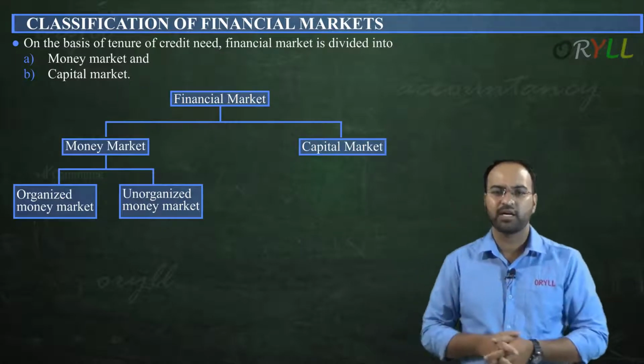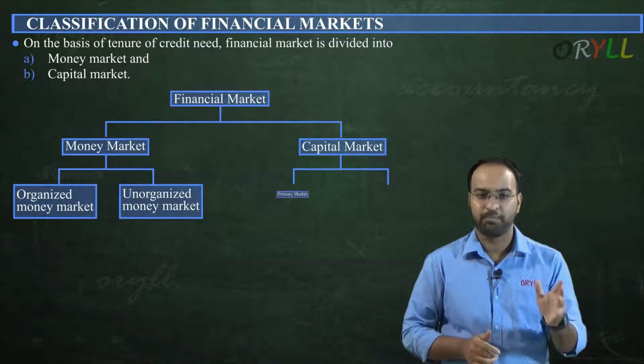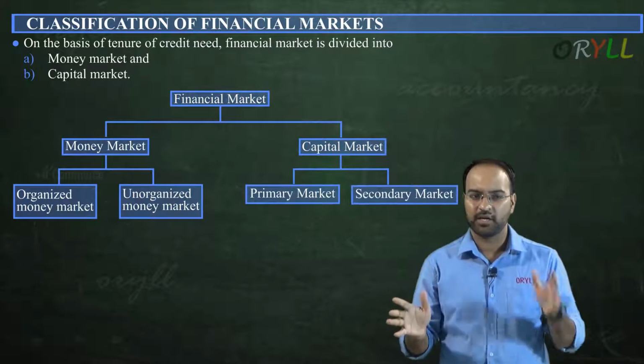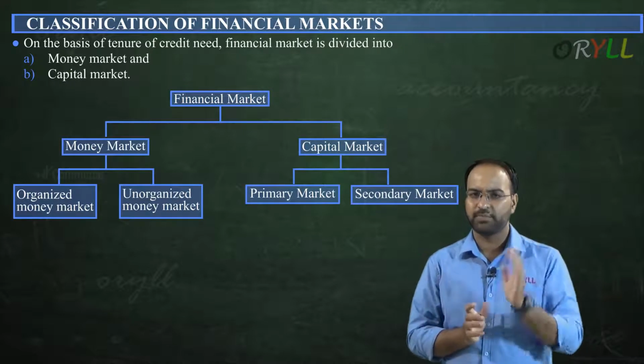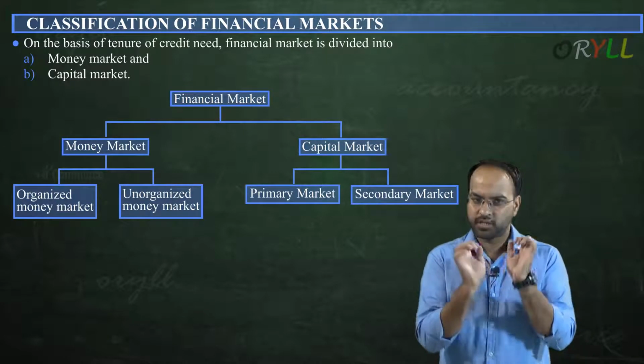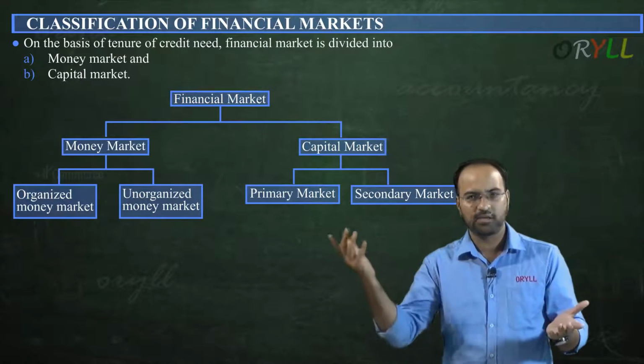Coming to the capital market, again the capital market is divided into two parts, primary market and secondary market. I'll give one example here. As of now I'm just giving the meaning; we'll discuss this in detail in the subsequent topics.